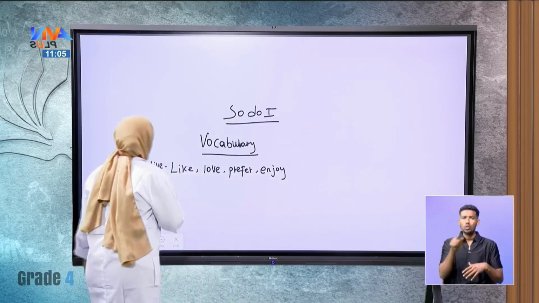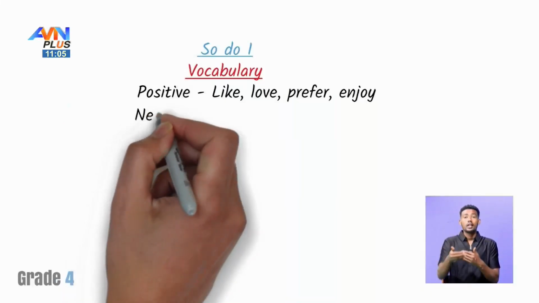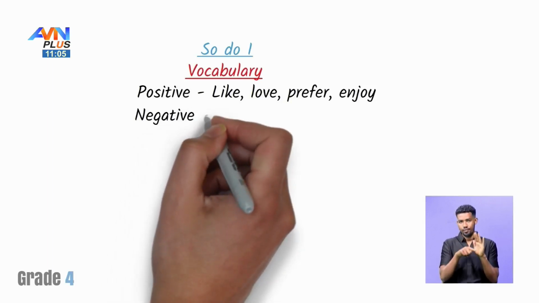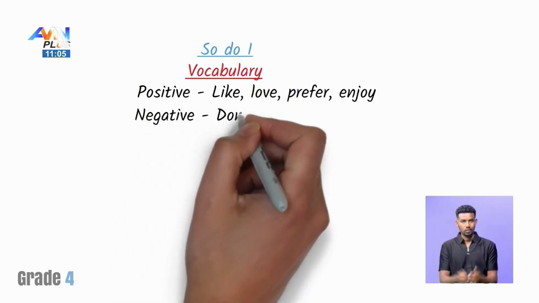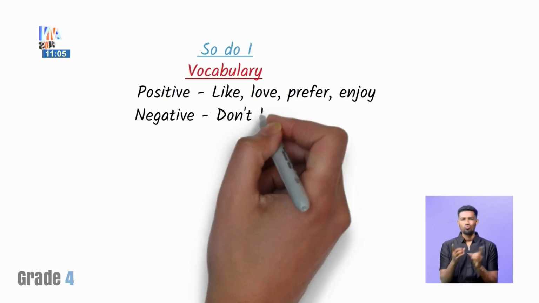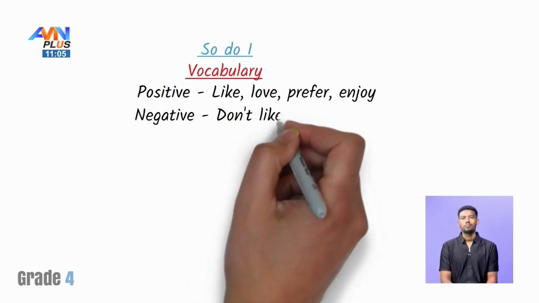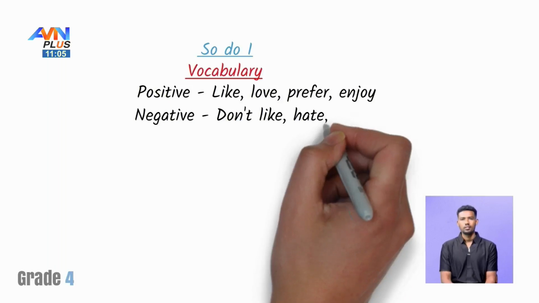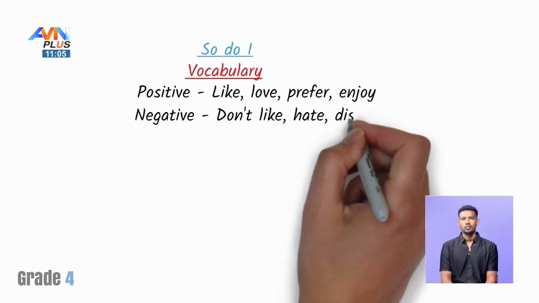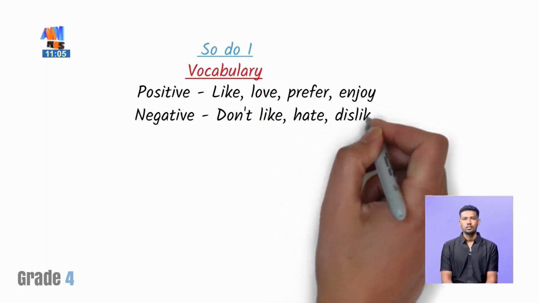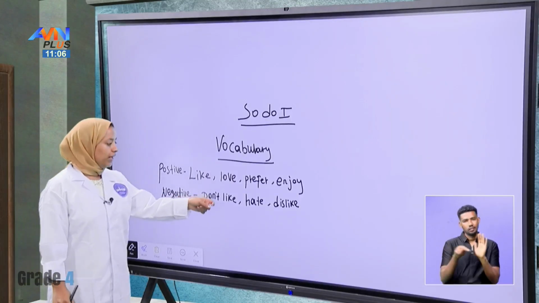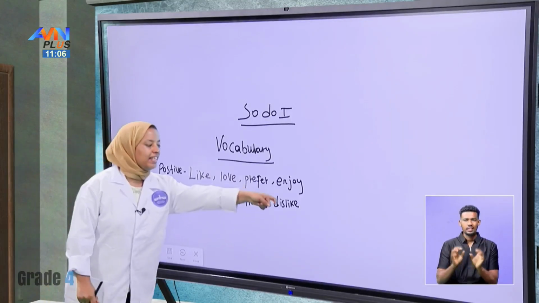The next one is for negative form of sentences. Here, students: don't like, hate, and dislike. Look, students, here for negative forms: don't like, hate, and dislike.